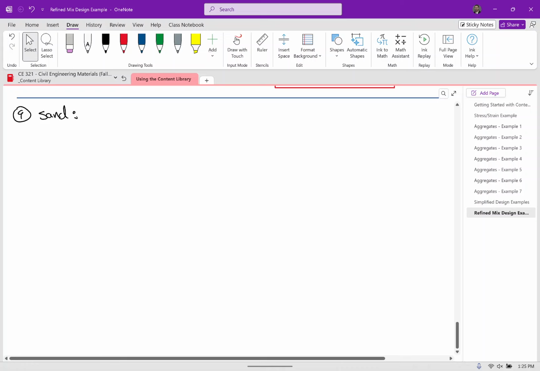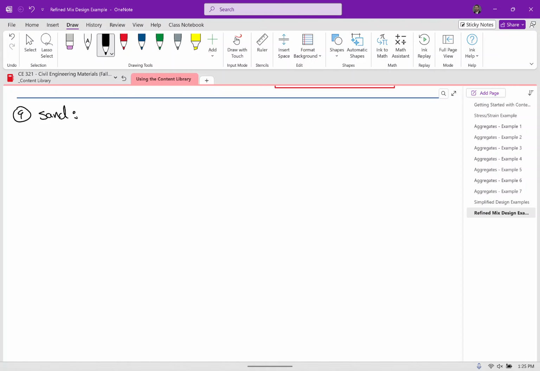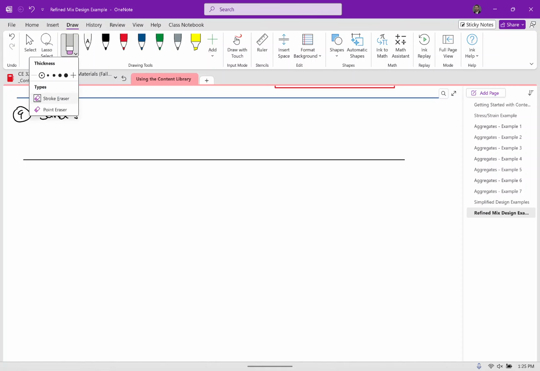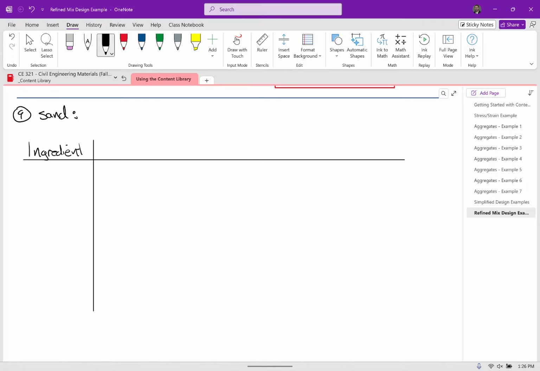I like doing this in a table, so let's draw ourselves a big table. I'm going to list my ingredients. It's like I'm baking a cake. What goes into a batch of concrete? Gravel, sand, cement, water, and air.